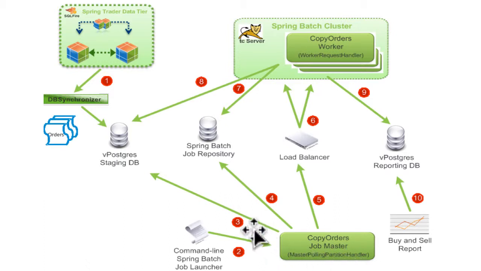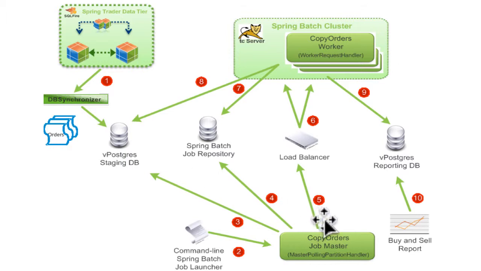That will, in step 3, read the data in the staging database and partition it by primary keys into a number of partitions as defined by the partition size parameter. Step 4, the master process will write the partition information to the job repository.